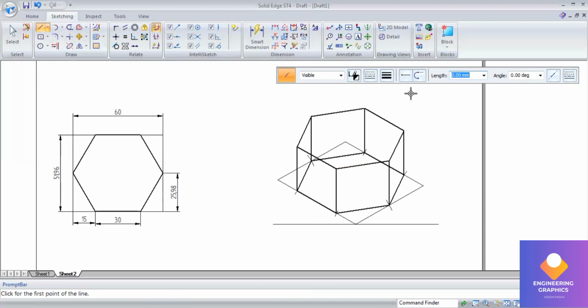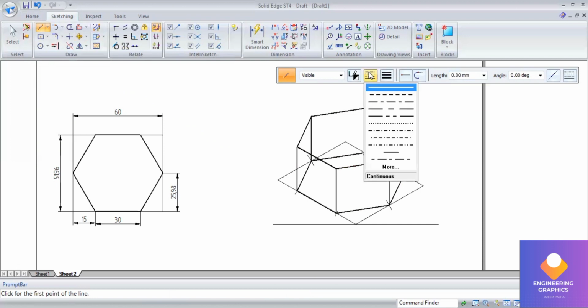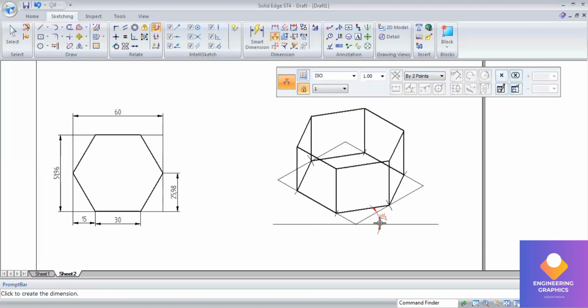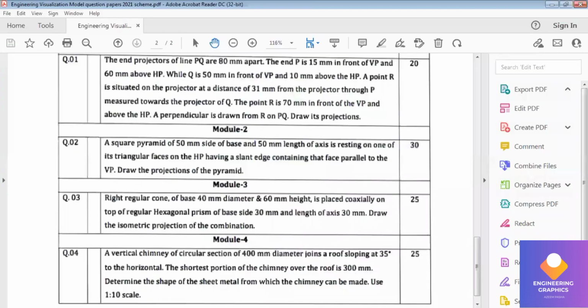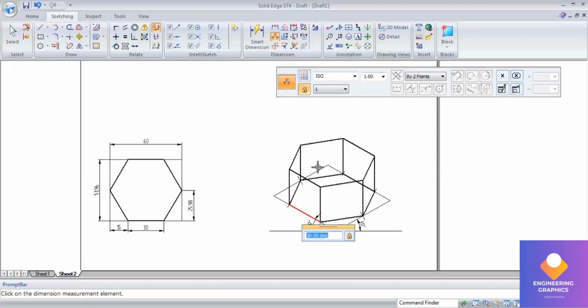Now exactly at the center of it we have to place the cone. To place the cone, I'll be constructing the ellipse of dimension 40 separately. You can see a right regular cone on base side 40 mm.